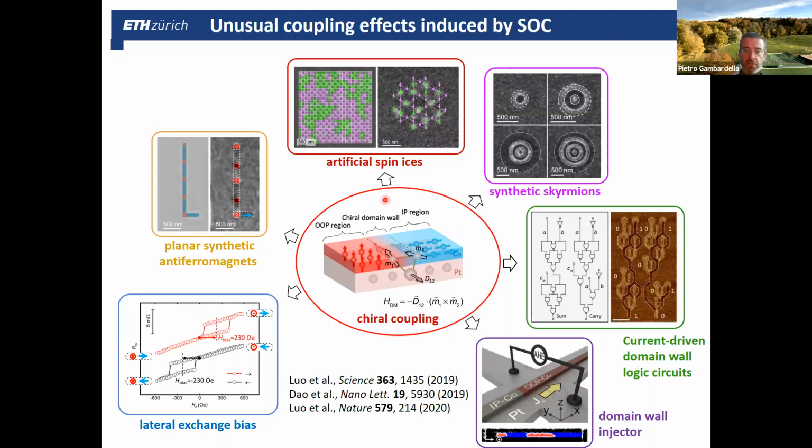And in particular, to achieve the so-called chiral coupling, which is essentially due to the Dzyaloshinskii-Moriya interaction, which is known for a very long time in bulk systems to induce non-collinear spin alignments.